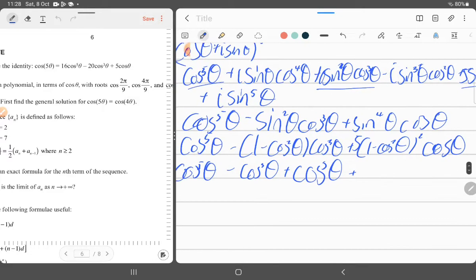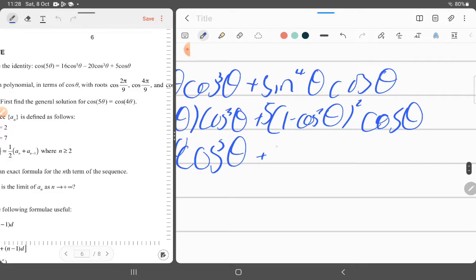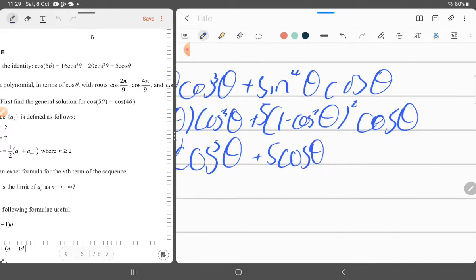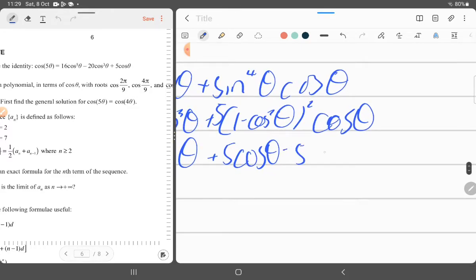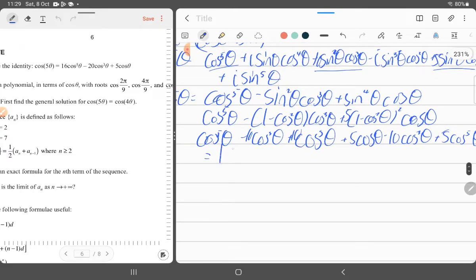So 10 plus 10, 5 cosine theta, take away cosine cubed theta plus 5 cosine theta, which is equal to 16 cos 5 theta.